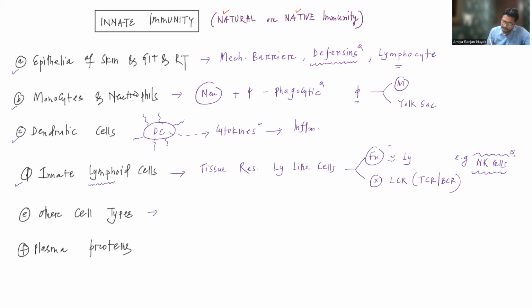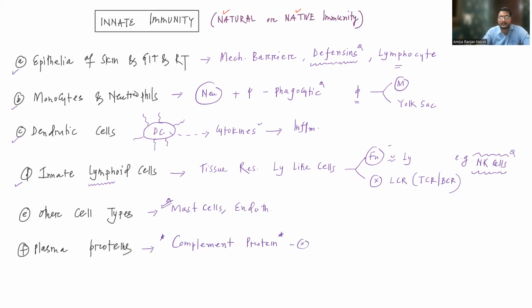There are certain other cell types like mast cells and endothelial cells that also have a role in innate immunity. More on mast cells we will discuss when we discuss hypersensitivity reactions. Plasma proteins like the complement proteins play a dominant role in the innate immune system, and the details of the complement proteins and the entire complement pathways we have discussed in a separate video, so I am not going to discuss them in this lecture.